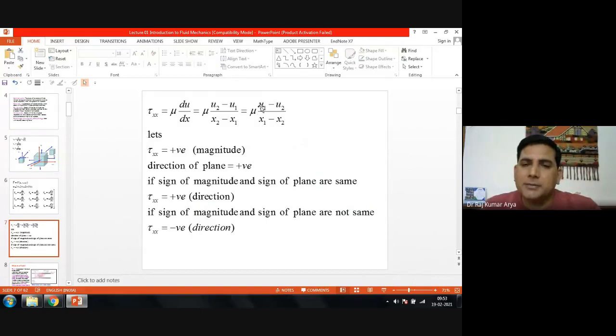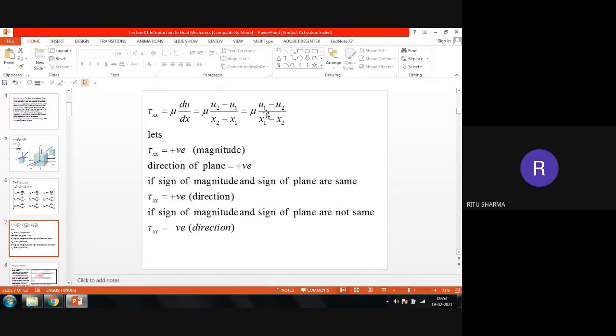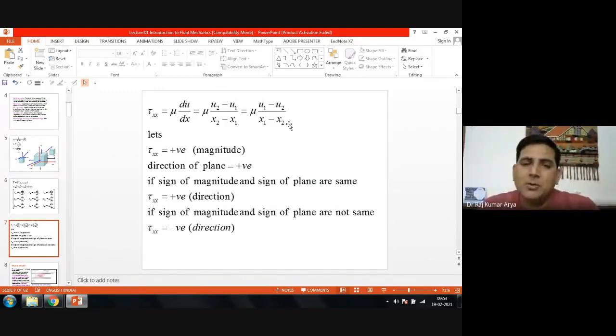Correct or not? Now the direction of the plane is plus x. So your shear stress would act in the negative side, because the signs are not matching. Correct or not? So your shear stress will act to the negative side.